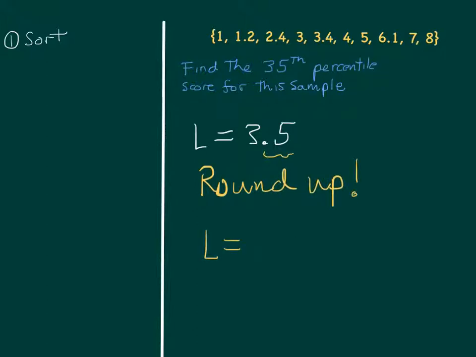So our chosen L value is going to be 4. And now this gives us the location in the list for our 35th percentile. L is short for location, essentially. So we would start with the first element, second, third, fourth. So our 35th percentile for this particular sample is 3.